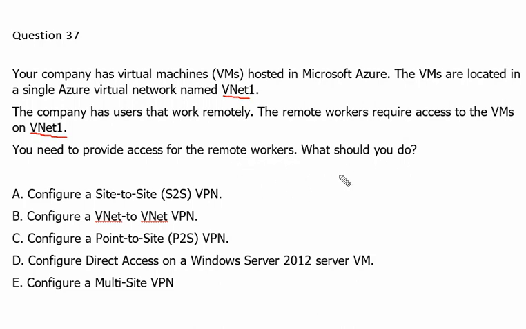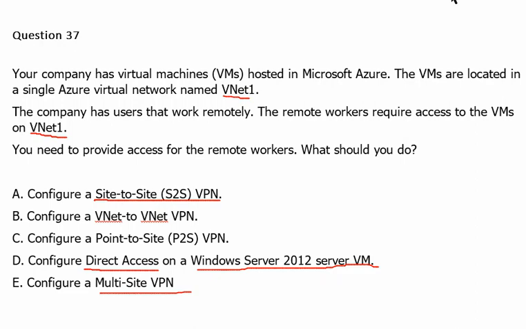The question is very straightforward. Option A is configure site-to-site VPN. B is configure a VNet to VNet VPN. C is configure point-to-site VPN. D is configure DirectAccess on Windows Server 2012, and E is configure multi-site VPN.